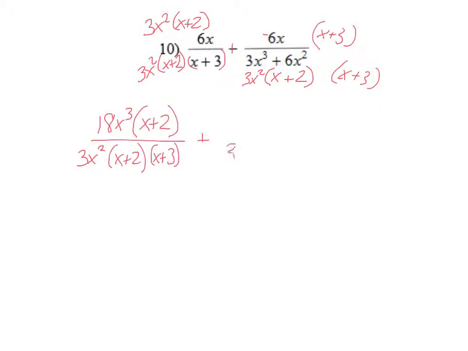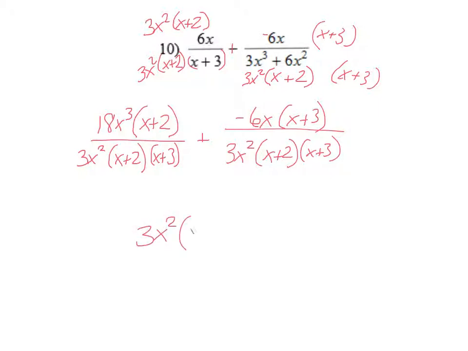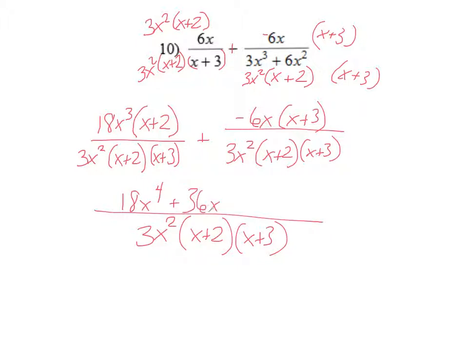Plus, same thing on the right side, got the common denominator. In the numerator, like last time, I'll wait to distribute and do it all in one shot on my next step. Now distribute across the top and write it as one big fraction. So I'm going to have an 18x to the fourth plus 36x cubed. On the right side, it's going to be a negative 6x squared, and then a negative 18x.